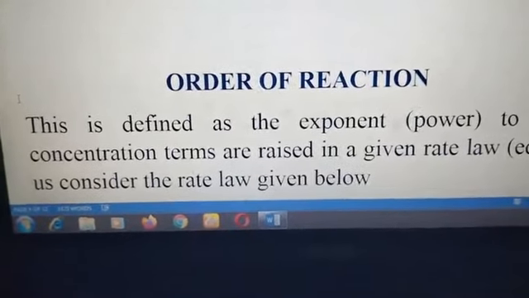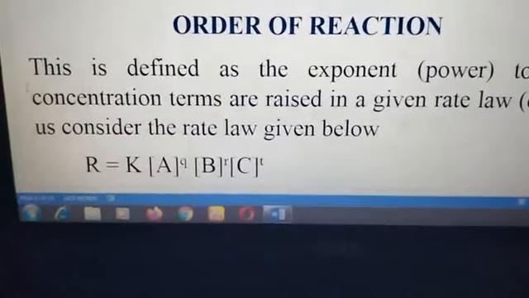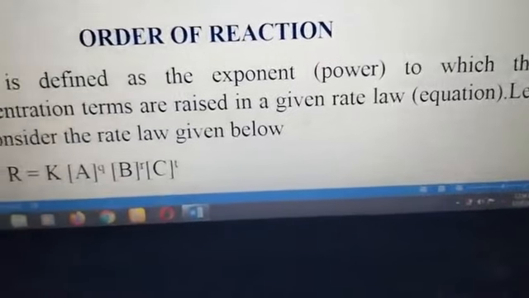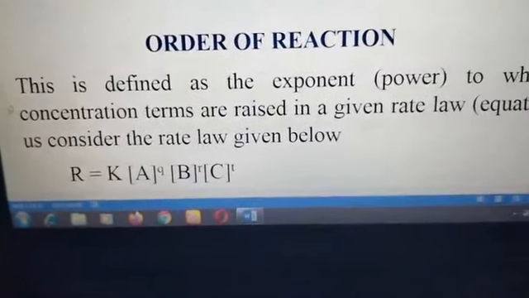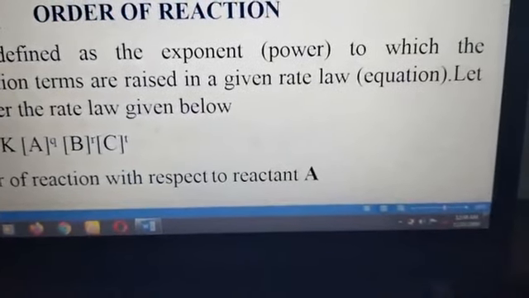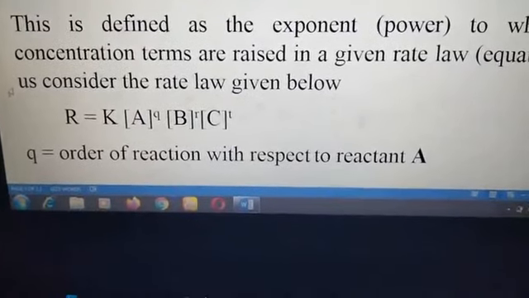We'll now move over to order of reaction. Order of reaction is defined as the exponent or power to which the concentration terms are raised in a given rate law or equation. So let us consider the rate law given below.